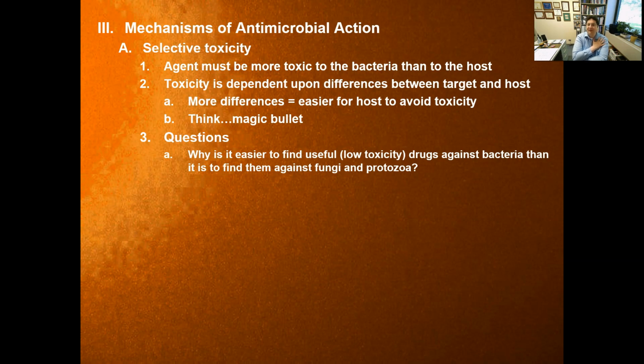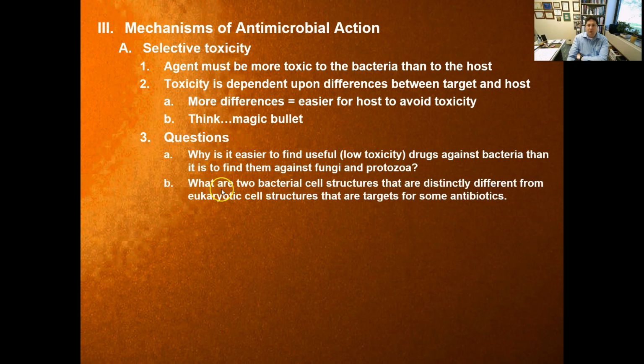So we have more in common. Our cells are more similar to fungi and protozoa. Our cells are much different from bacteria. So because our eukaryotic cells and bacterial prokaryotic cells are very, very different, it's easier to find a drug that's going to target just that bacteria and not our cells.